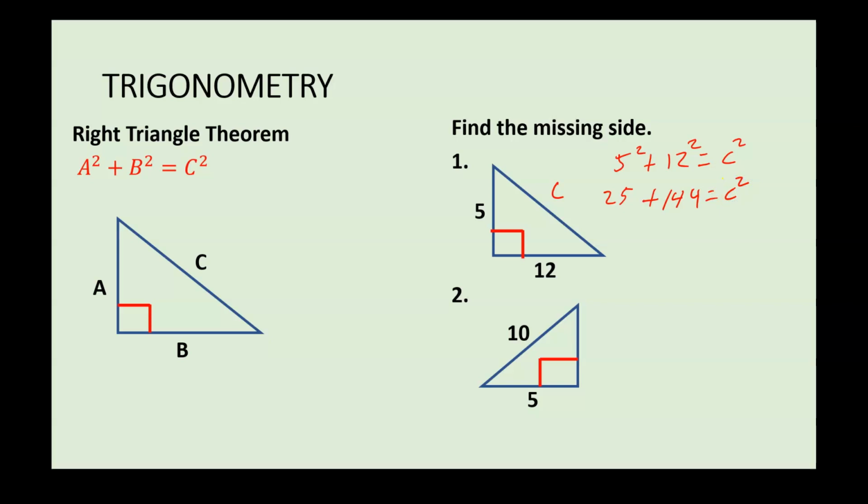We can add 25 plus 144, which gives us 169 is equal to C squared. We're able to take the square root of both sides, and that leaves us with 13 is equal to C.